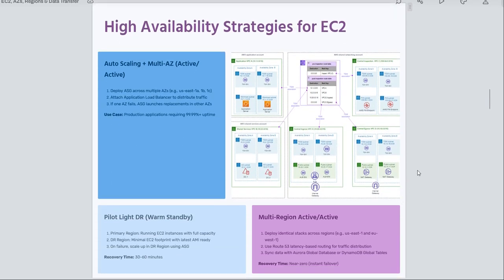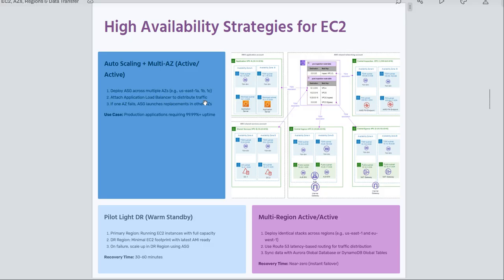All right, so let's talk about high availability strategies for EC2. You can use Auto Scaling plus multi availability zone. What it does is deploy an Auto Scaling group across multiple availability zones, for example in different data centers, and attach the application to a load balancer to distribute traffic.